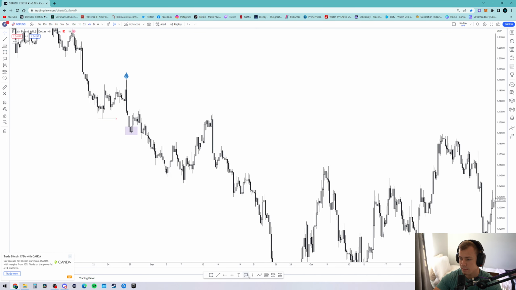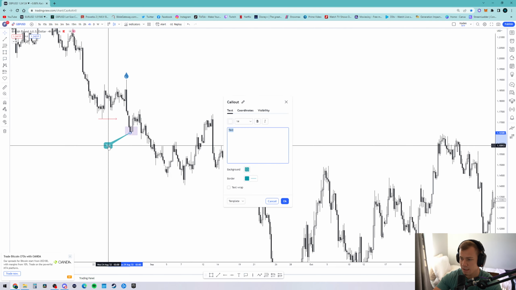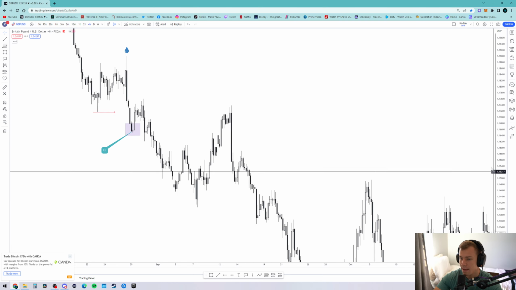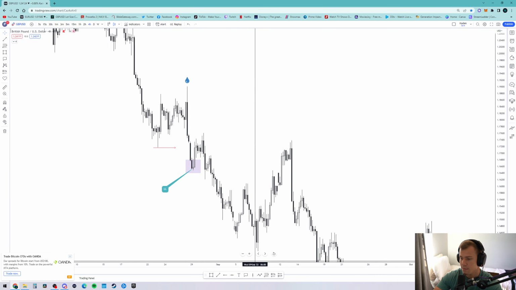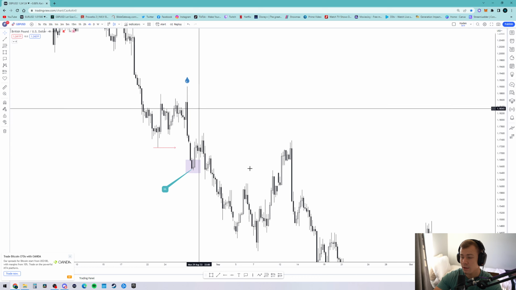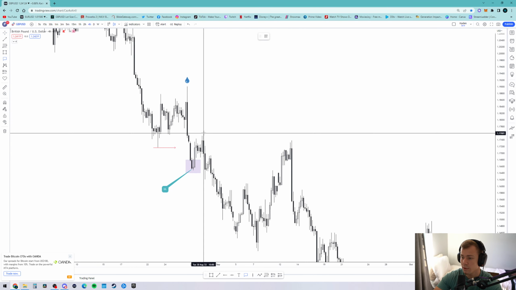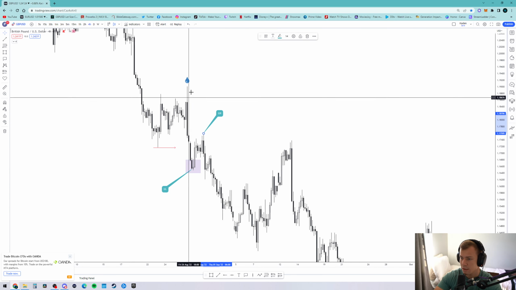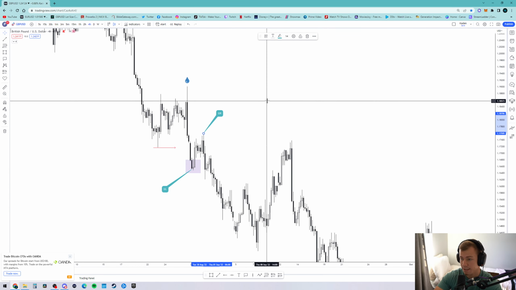Let me just spell it out for you guys, just so you can understand it. The market came up a little bit, but it didn't break the high where the water is at. So we'll call this the lower high, because it's lower than the high.